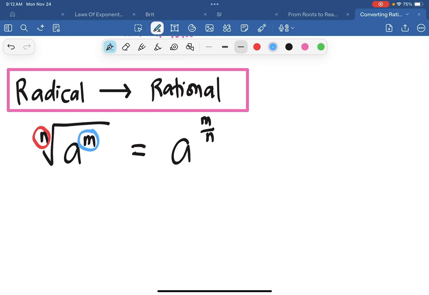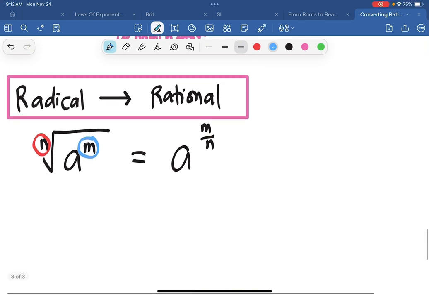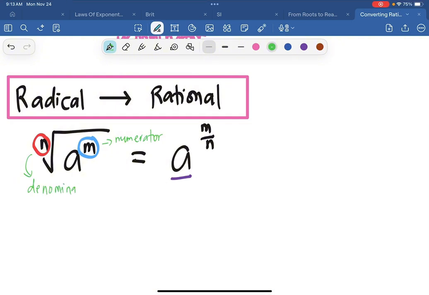So basically, we just write the base, just like here, and remember the roles of each number. This one is the numerator, and this one is the denominator. Easy as that.